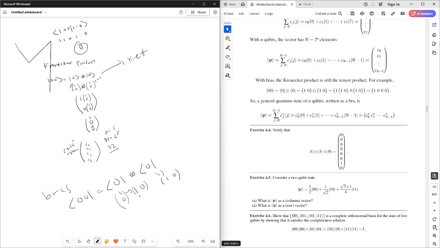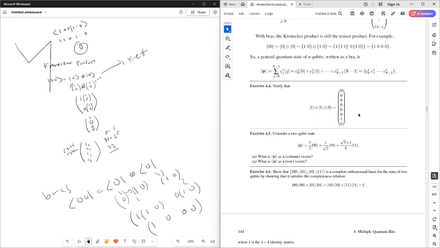So we will multiply every element of the first by all elements of the second. So we wind up with 1 times 1, 0, and 0 times 1, 0. So 1, 0, 0, 0. Perfect.